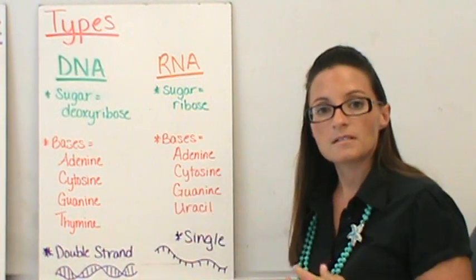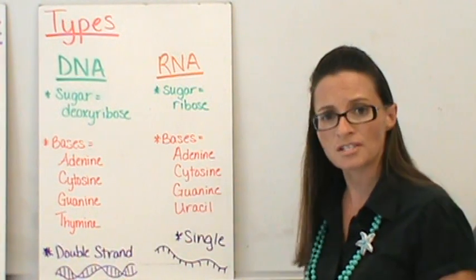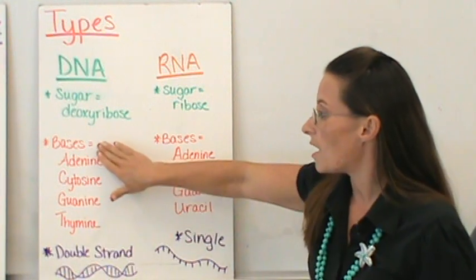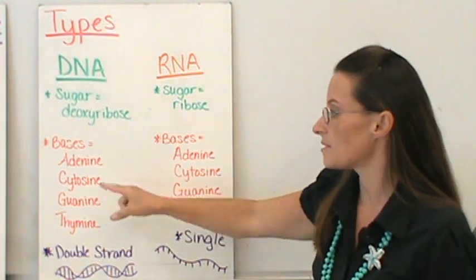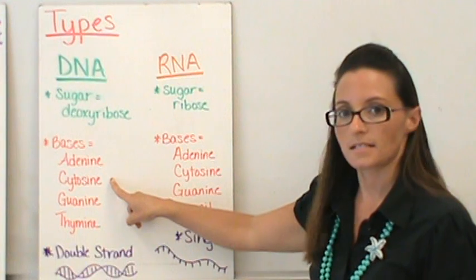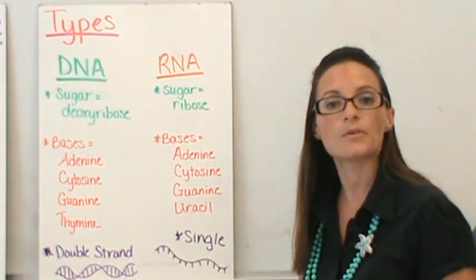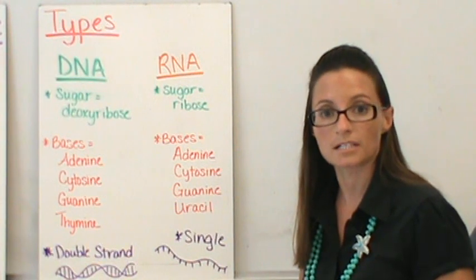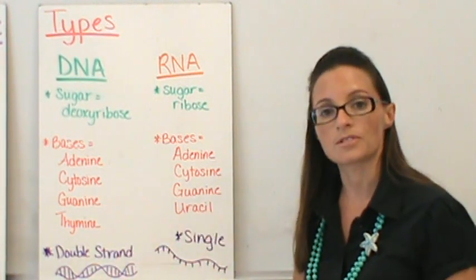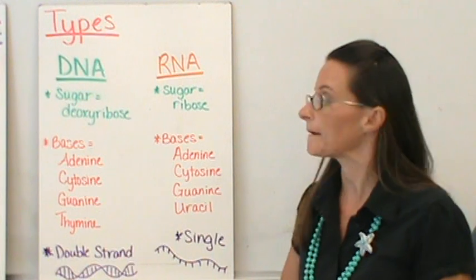One of the other differences is the bases. DNA contains the bases adenine, cytosine, guanine, and thymine. And a lot of times they're referred to by their first initial letter. So A, T, C, G you'll refer to a lot of times when you refer to DNA.